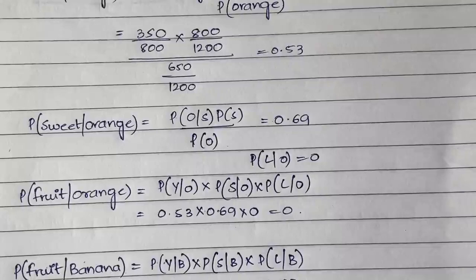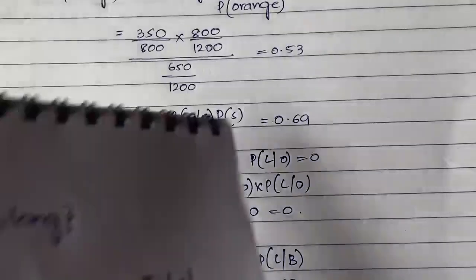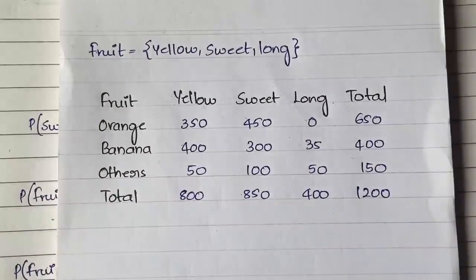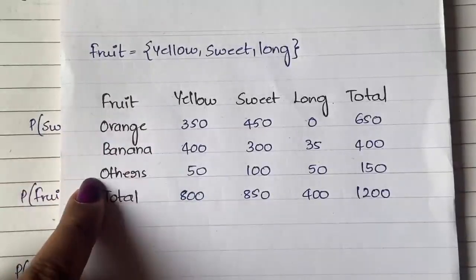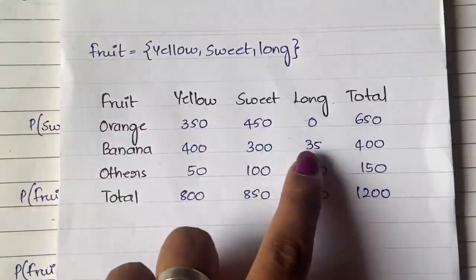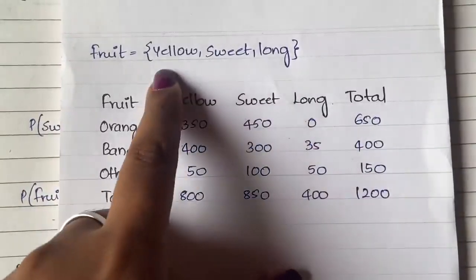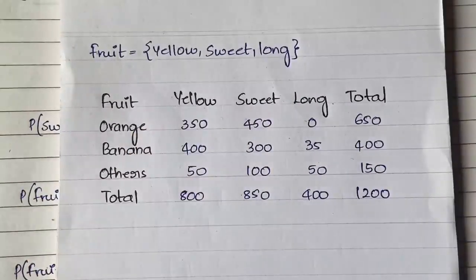As I said, let us try to understand it with an example. For this, let us take this table: fruit, yellow, sweet, long. So we want a fruit which is yellow, which is sweet, and which is also long. Of course here you have three fruits: orange, banana, and others. Orange long is 0, which means orange cannot come into this, but still we have to calculate for orange also.